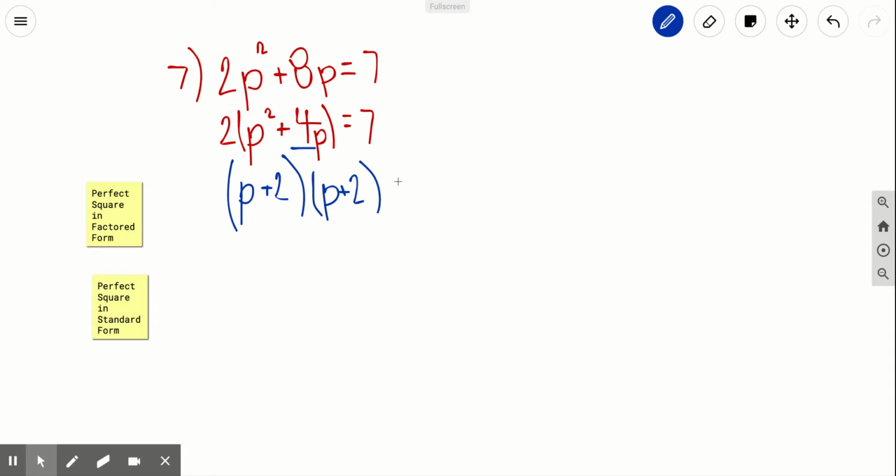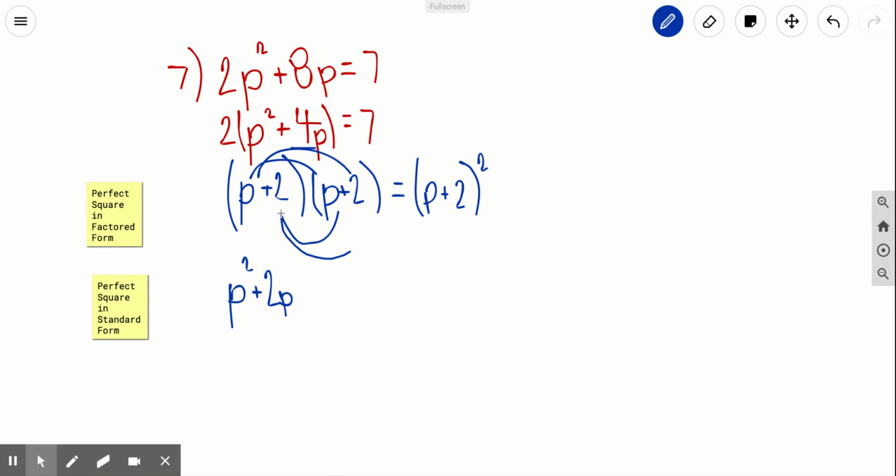And of course, p plus 2 times p plus 2 is equal to p plus 2 squared. So then I will convert my factored form to standard form: p times p is p squared, plus 2p, and 2 times p, so we got another 2p, and 2 times 2 is, of course, 4. I'll combine my like terms of 2p and end up with p squared plus 4p plus 4.